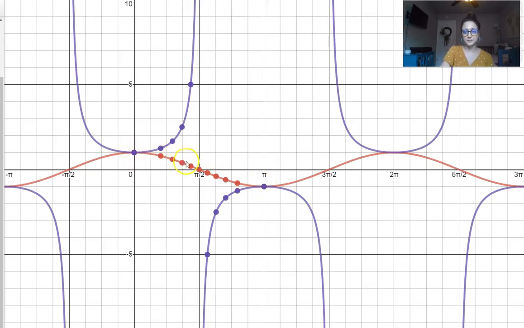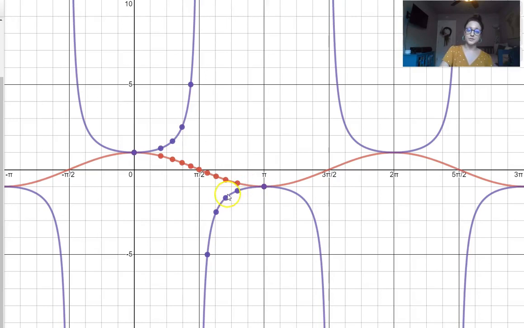Okay, notice that as the red graph approaches 0 positively, the purple graph is going to get bigger and bigger positively, so it's going to approach positive infinity. As the red graph approached 0 from the negative side, so we had all negative values here, if I come to the left here approaching 0, my y values were getting smaller and smaller, but negatively.